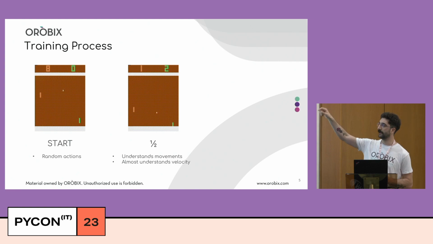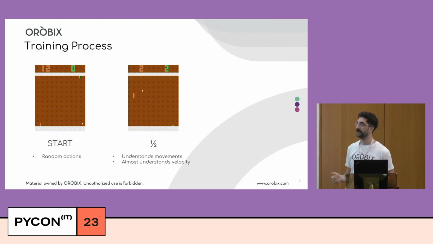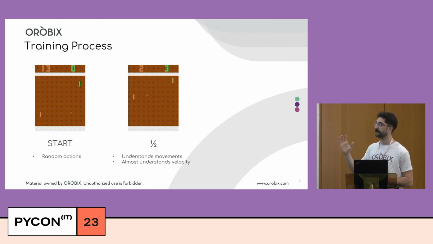By the way, the trained agent is the green one in here. So he understands movements and almost understands the velocity, because he needs to know that if he hits the ball with the right angle, he can give it speed, and so it's more probable that he can beat the opponent, like in this case. But it's not quite well trained, this agent, right?